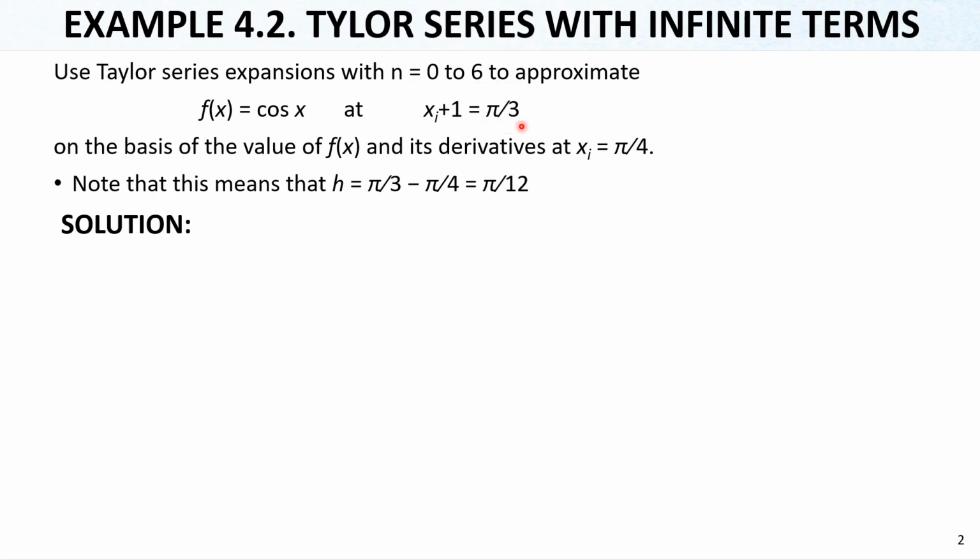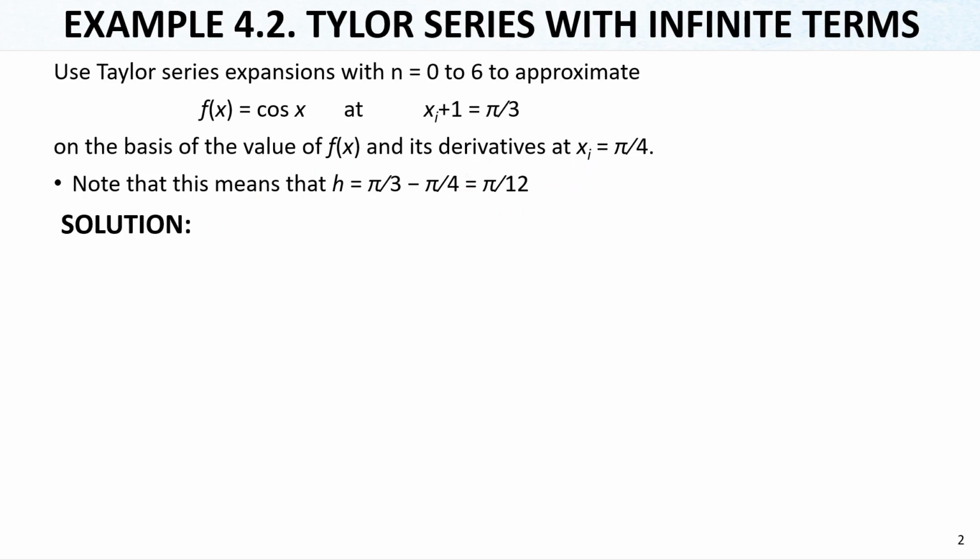And we will predict the value at pi divided by 3, which is 60 degrees actually. And the value of f(x) and its derivatives will be found at xi equals pi divided by 4. So basically the initial is pi by 4 and xi plus 1 is pi divided by 3. And this means the step size is always the difference of these, so it's pi divided by 12.